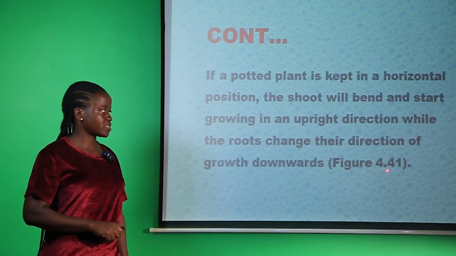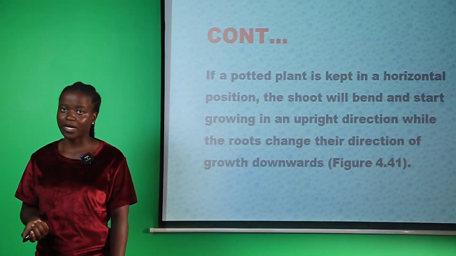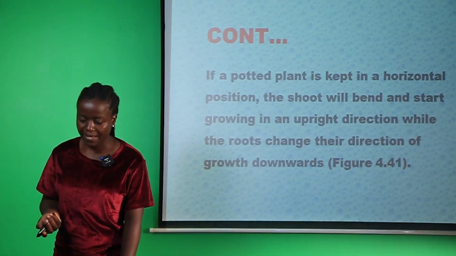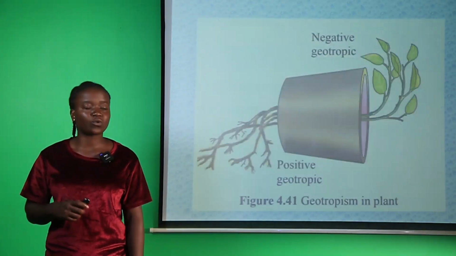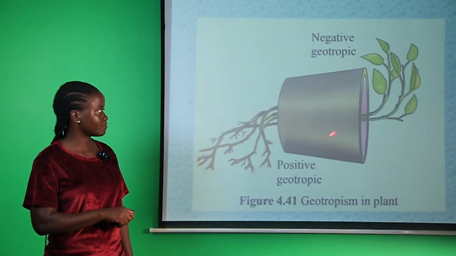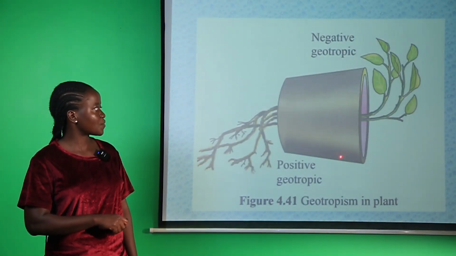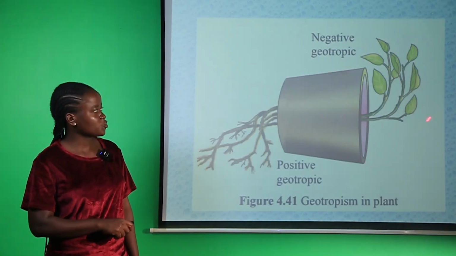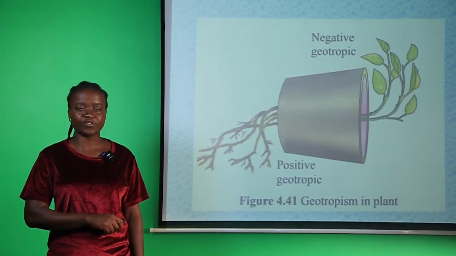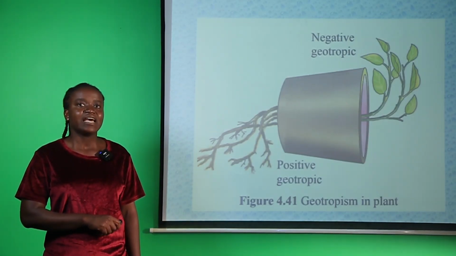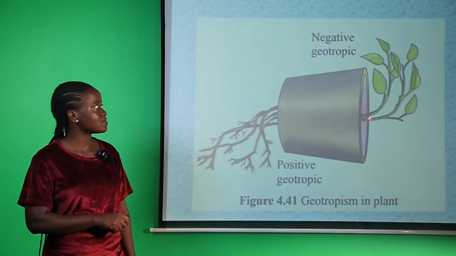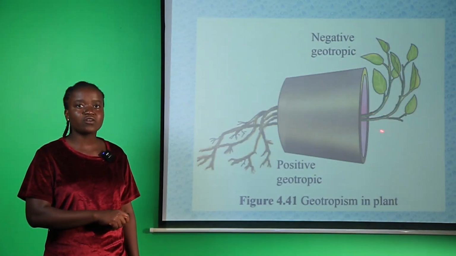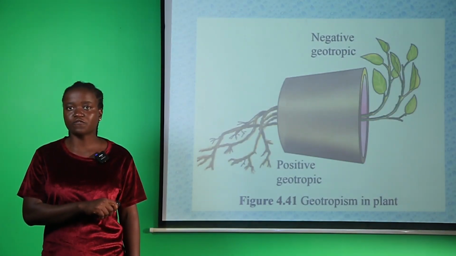So you're going to see this here in figure 4.1. Ukiangalia pale ambapo utakuwa umepanda mti kwenye this potted bucket, unaweza ukaona kwa maana kwamba ile shoot inatend to show negative geotropism. Kwa sababu gani? Negative geotropism is due to the shoot growing away from the source of gravity.